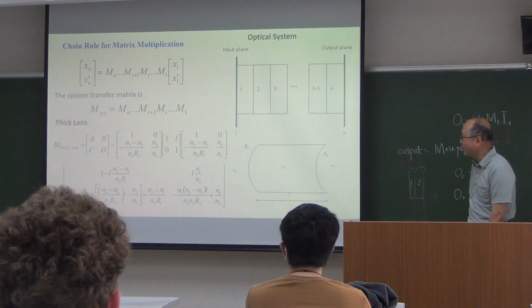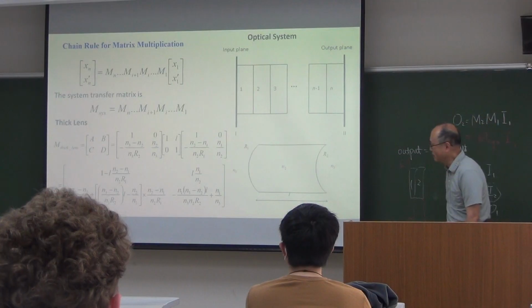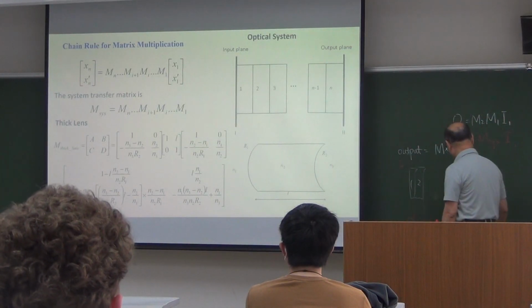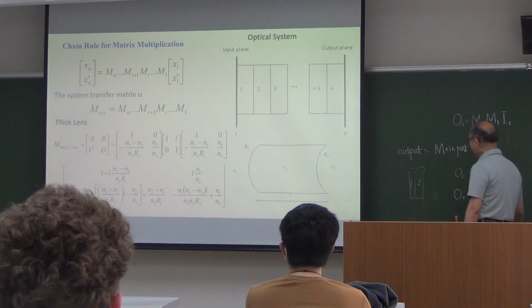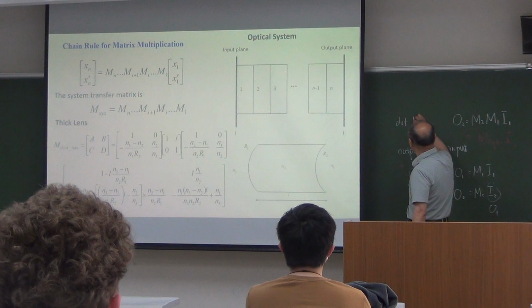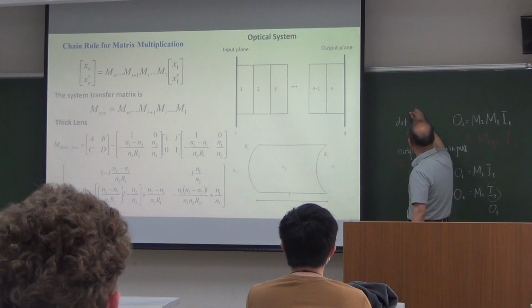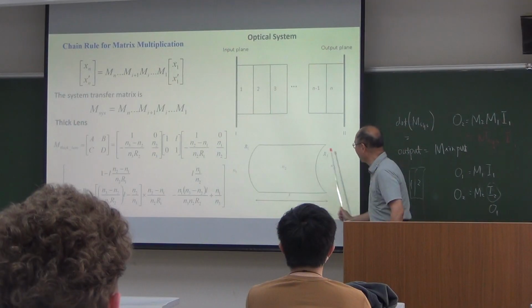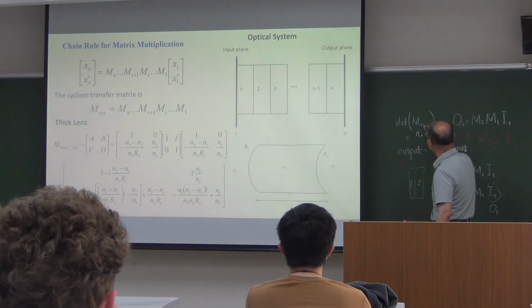You can do it as an exercise: calculate the determinant of this. If you take the determinant of M system, you end up having again the ratio n1 over n3.